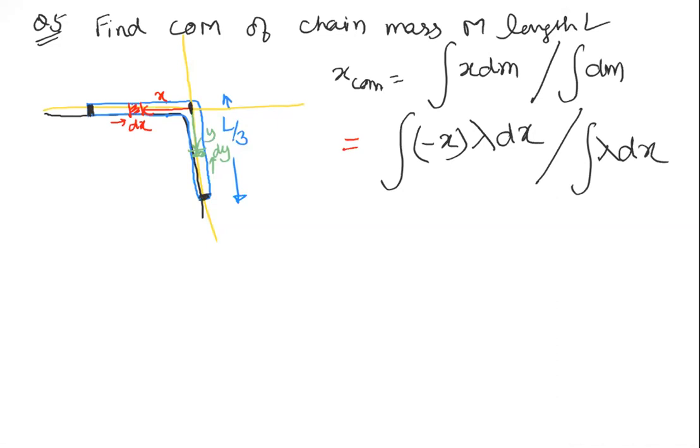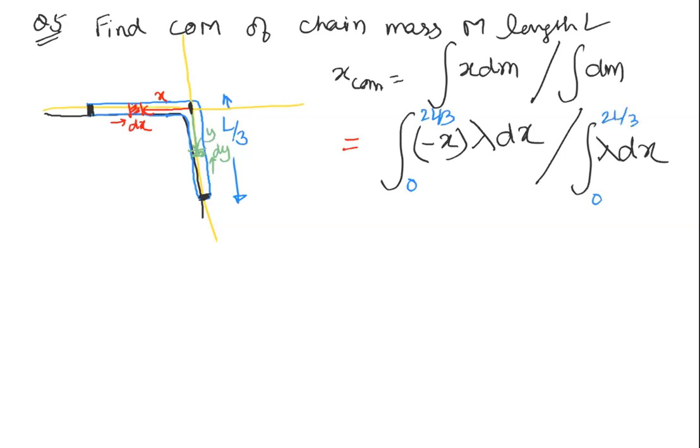So on the vertical part of the chain, every element has an x coordinate of 0, so I don't need to worry about that. On the horizontal part of the chain, the x value will vary from 0 to 2l by 3. Therefore, we must have the limits as 0 to 2l by 3.